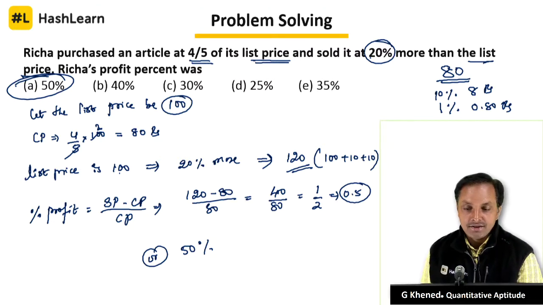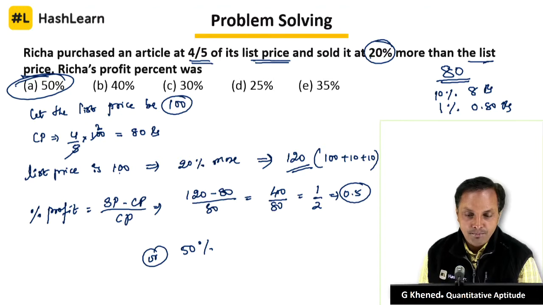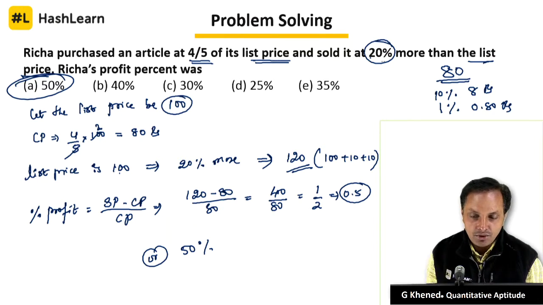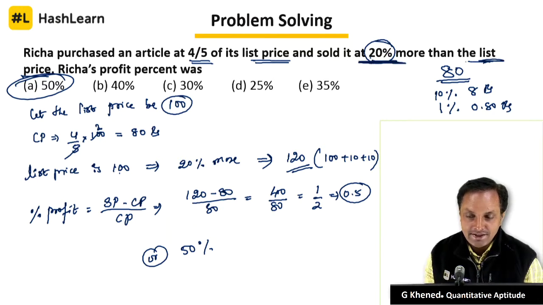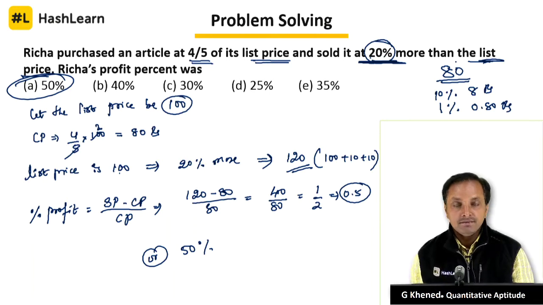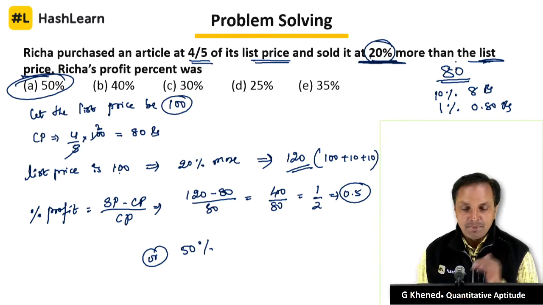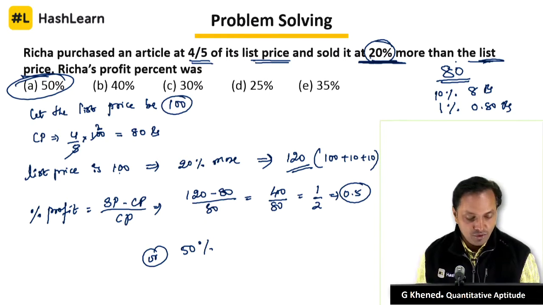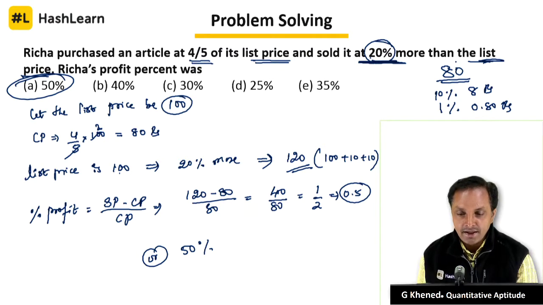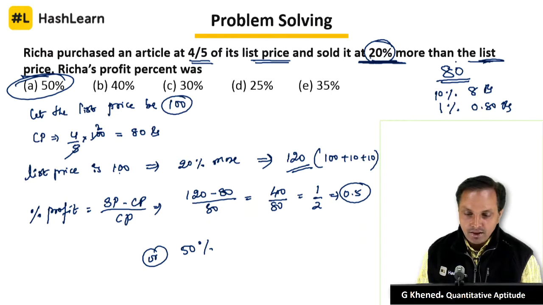So the point here is it is sold at 20% more than the list price. It is not 20% more than the purchase price or the cost price. It is 20% more than the list price. That is what you need to consider.